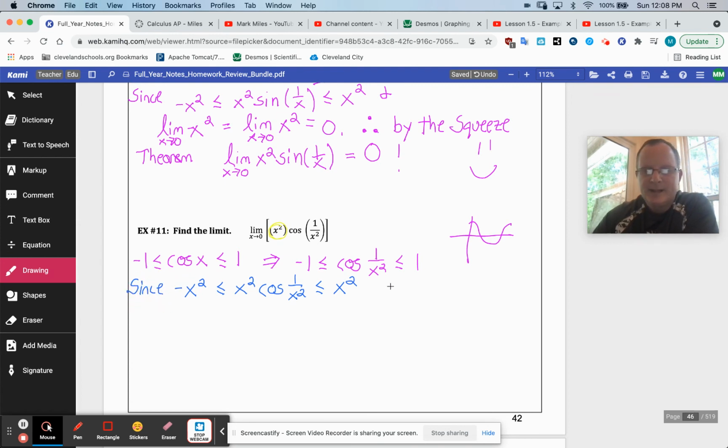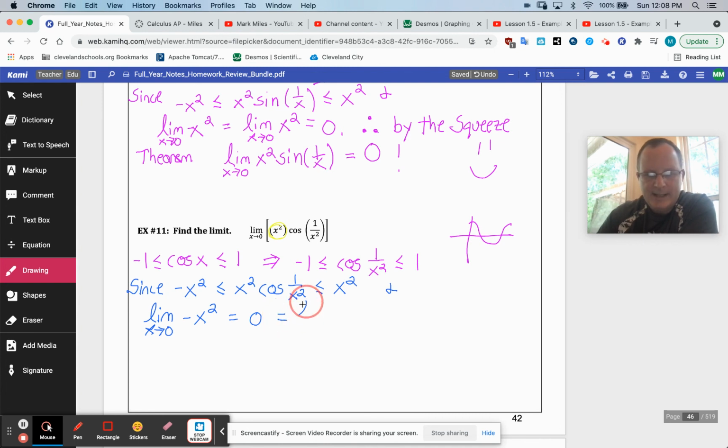The limit as x approaches 0 of negative x squared is like the bread on this sandwich, and we know that x squared cosine 1 over x squared is squeezed in between those two pieces of bread. So that's equal to 0.